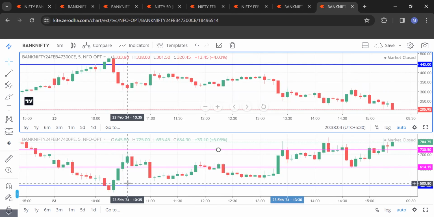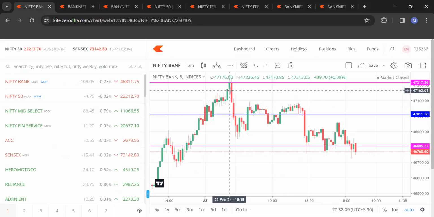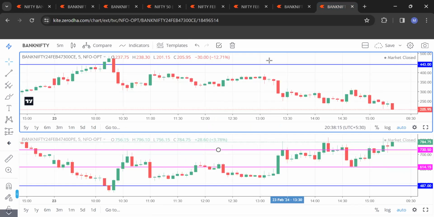What did we do? We just saw that Nifty, Bank Nifty is coming to a crucial level. The level is with us even before the market started. Then when it came to that level, we saw the SPP prices. We selected one such call and put. Incidentally, we got it at 47,300, 47,400, close to the SPP.